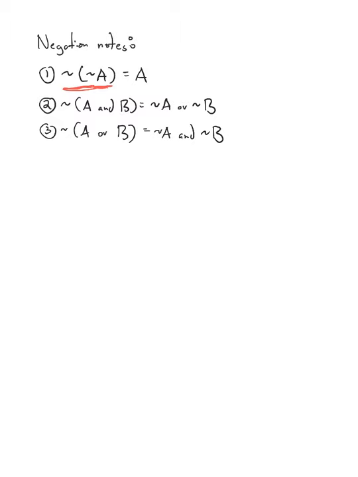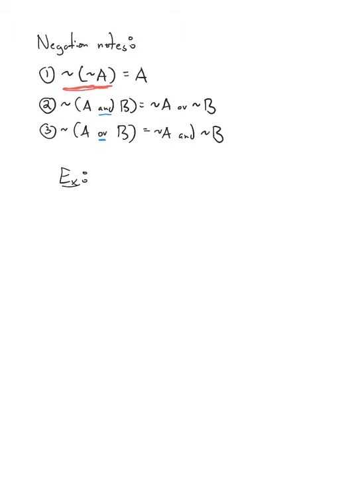The second thing I want to talk about, and I guess second and third, is the negation of these compound statements with "and" and "or." So I just want to do a quick example of these just so you see where they're coming from. You could work these out with truth tables as well to show that they're logically equivalent, but I just want to show you this intuitively so that you understand how to think about it.